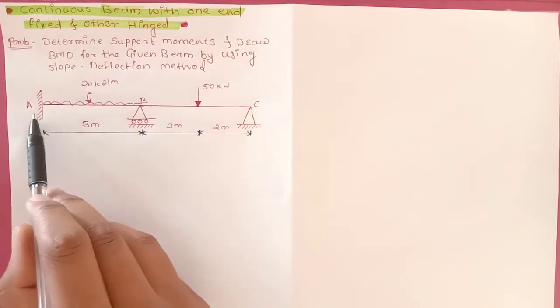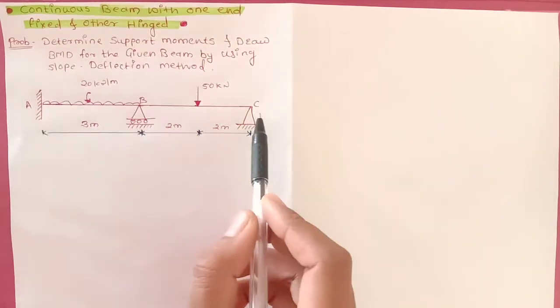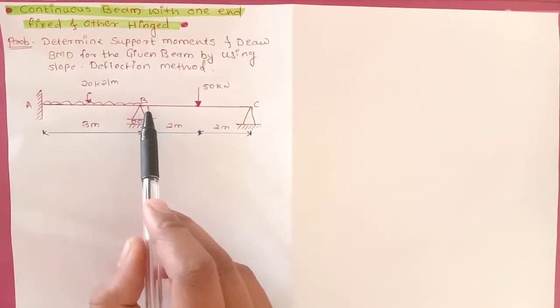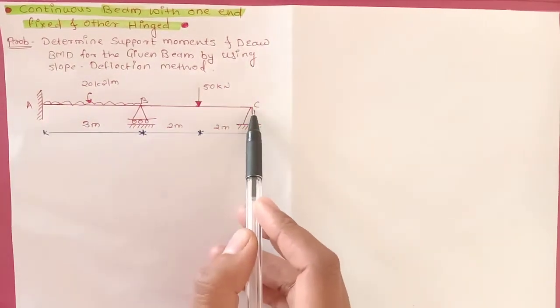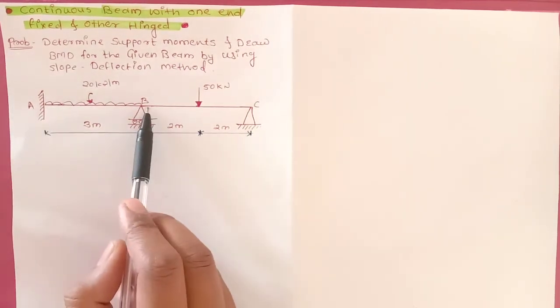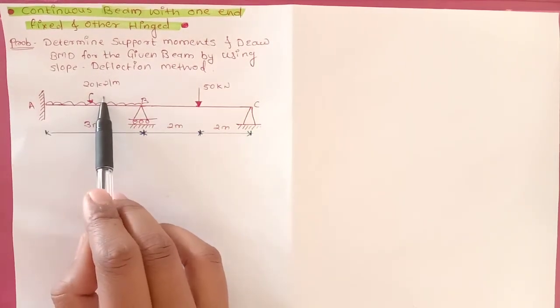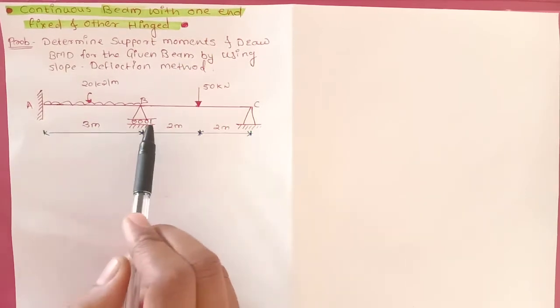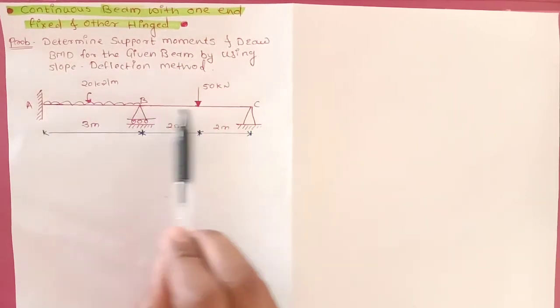So the given diagram is a continuous beam ABC. A is a fixed support, B is a roller support, and C is a hinged support. Over this AB member, a 20 kilonewton per meter UDL acts. Its span is 3 meter. Then the next member is the CB member.